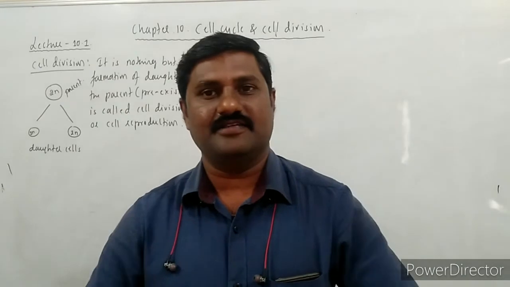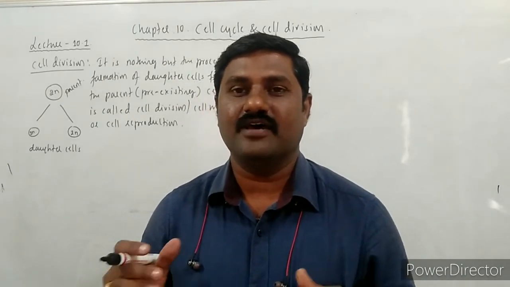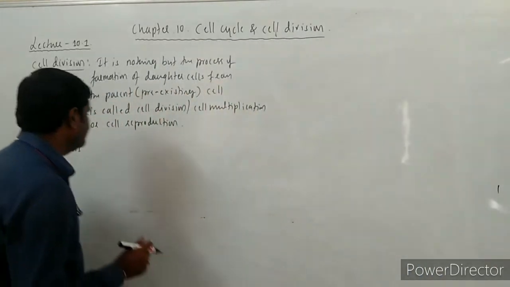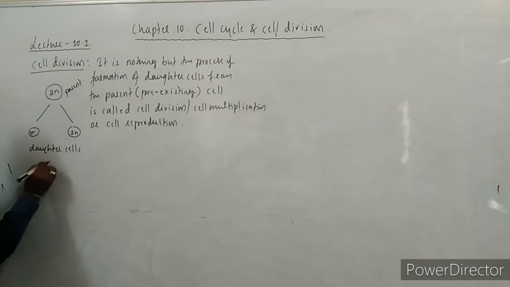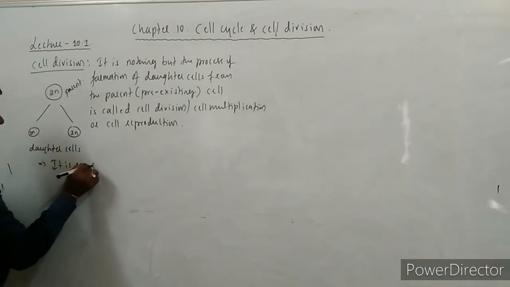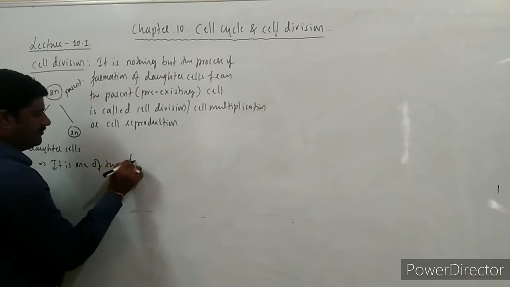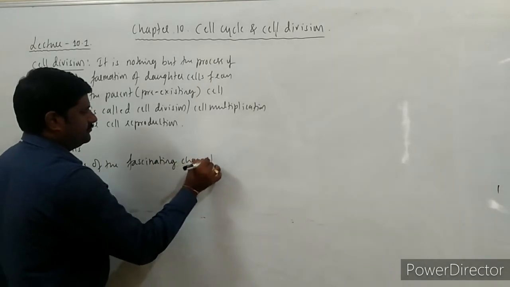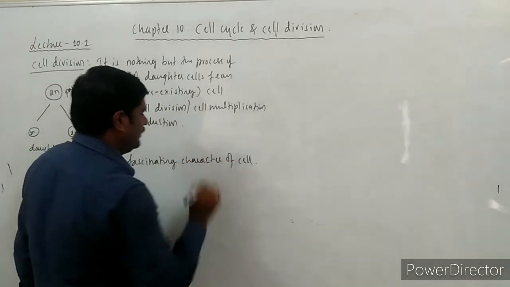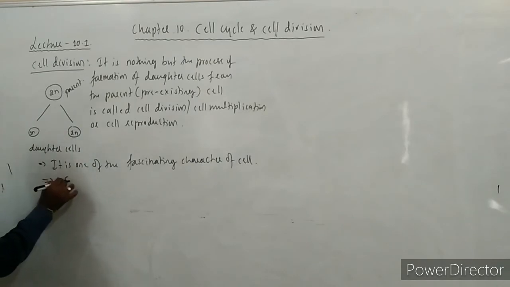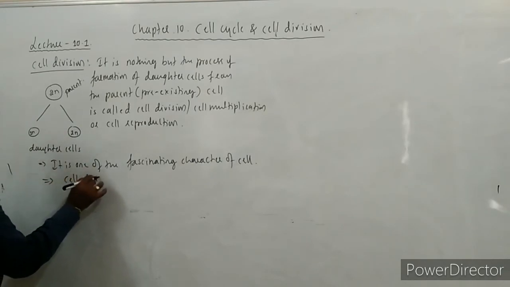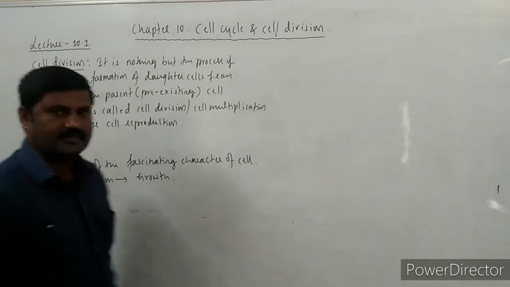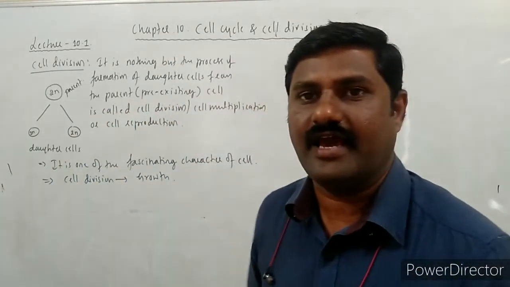So what is the use of this cell division? It is one of the fascinating characteristic features of the cell itself. This cell division leads to growth of an organism.